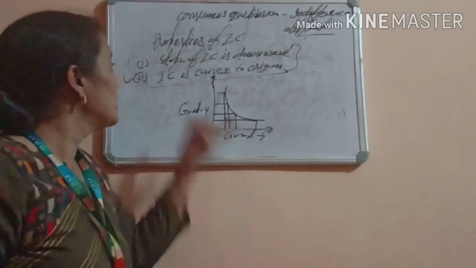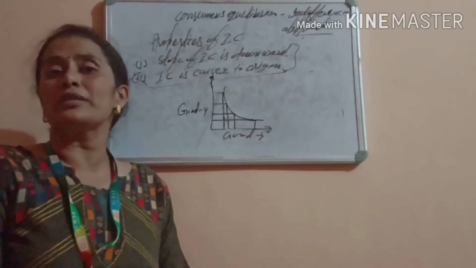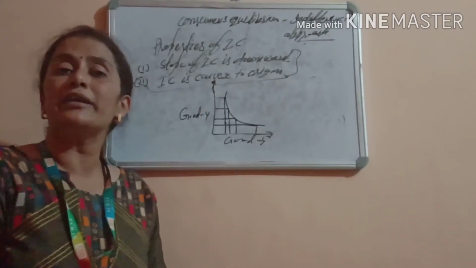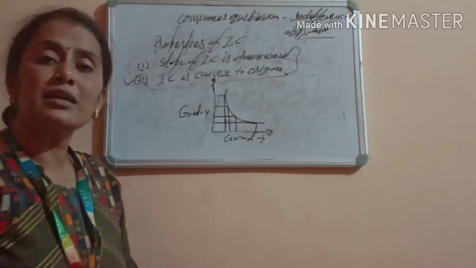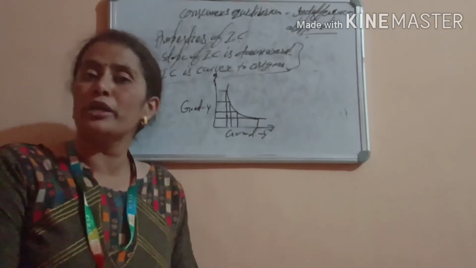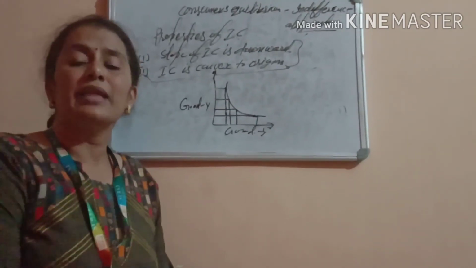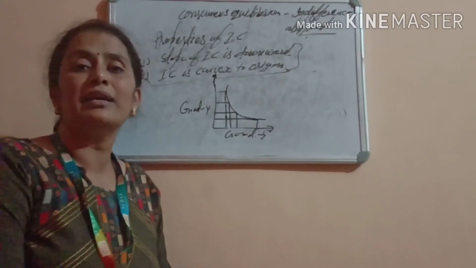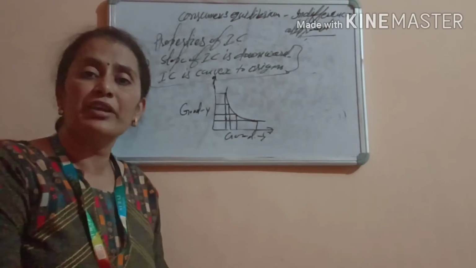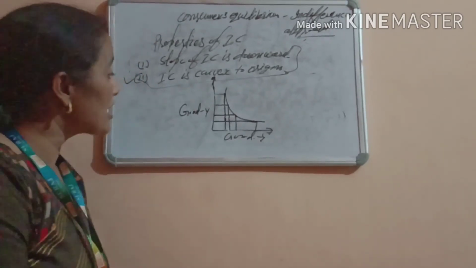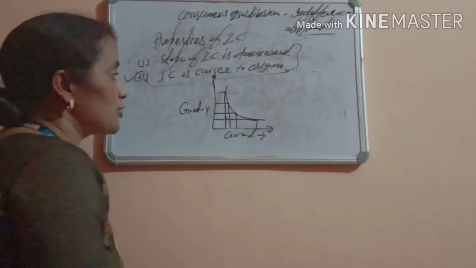It means IC is convex to the origin because it is based on the diminishing marginal rate of substitution. As the consumer consumes more and more units of one commodity, then he sacrifices less and less units of another commodity, and for every additional unit the marginal rate of substitution continuously declines.